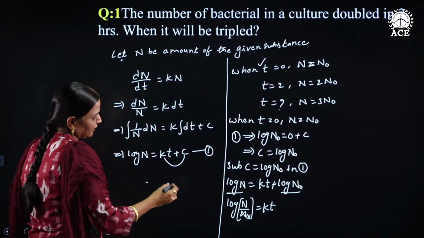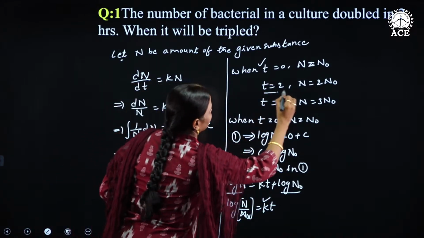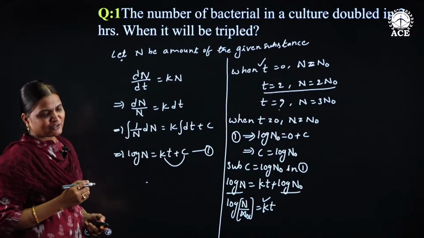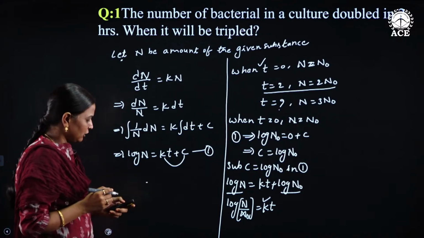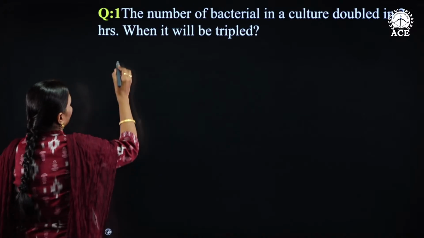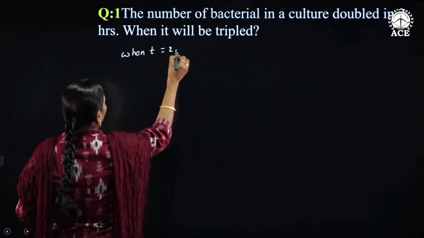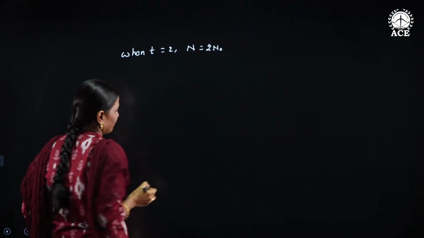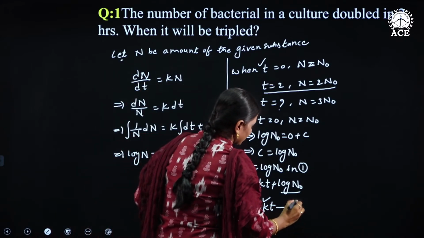So next we have to find the k value using the second condition. So what is the second condition? When t is equal to 2 hours, no need to convert into minutes. When t is equal to 2 hours, N is equal to 2 N naught. So consider this new equation as equation number 2.